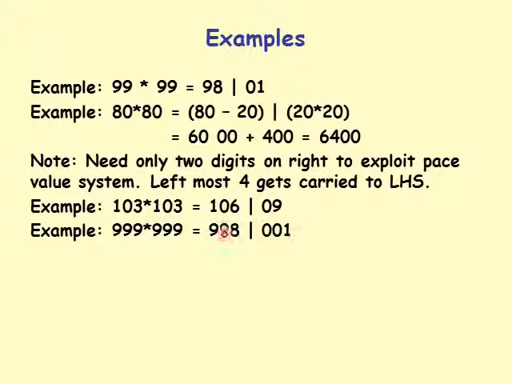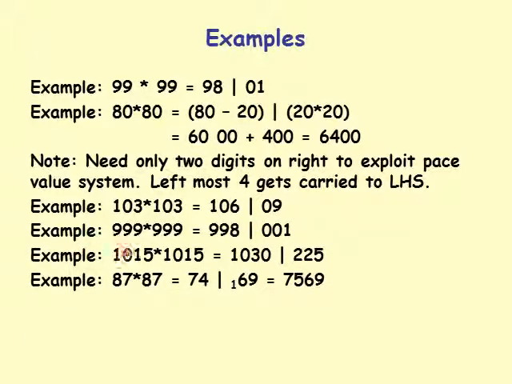And 001 comes from the deviation, which was minus 1. Minus 1 times minus 1 is plus 1, and I need 2 more zeros because when I multiply 998 by the base 1000, I get 3 zeros, and this 1 has to fit in those 3 zeros. So that is 3 digits on the right. Now if I say 1015 times 1015, 15 is the deviation, plus 15.